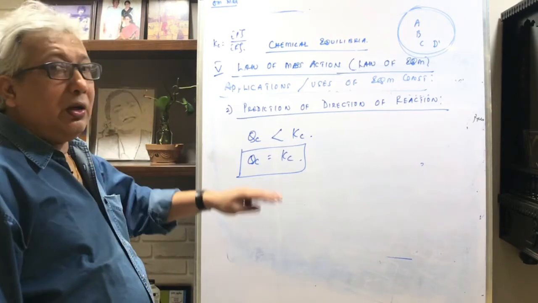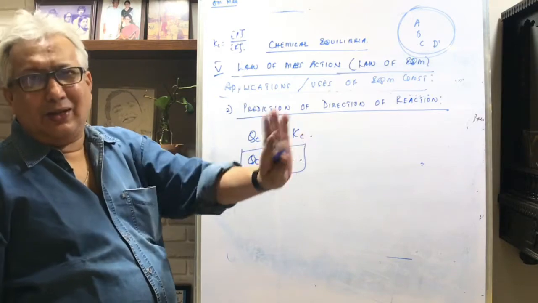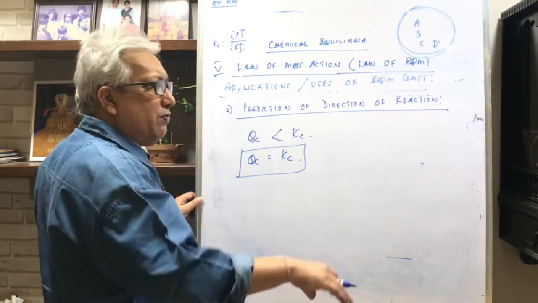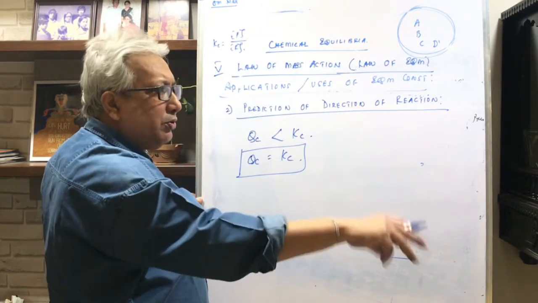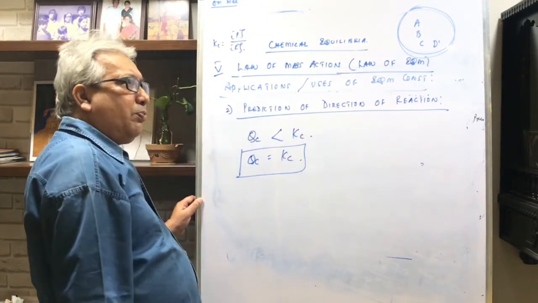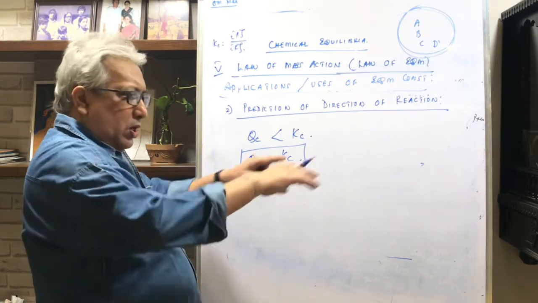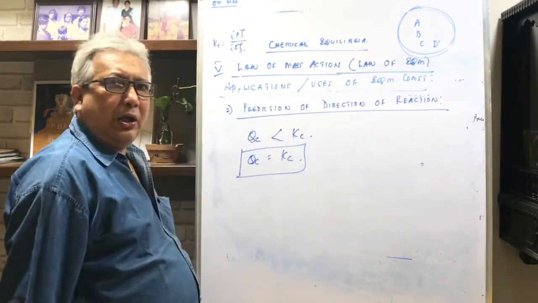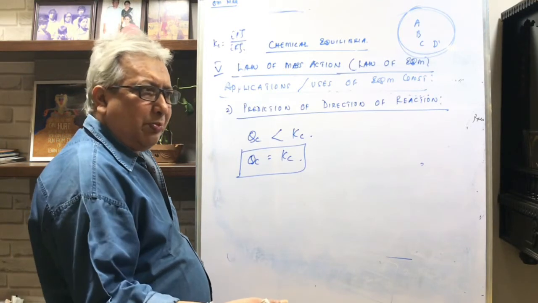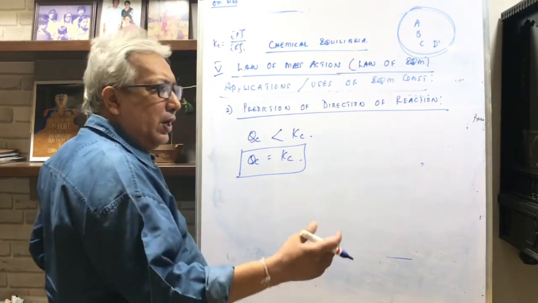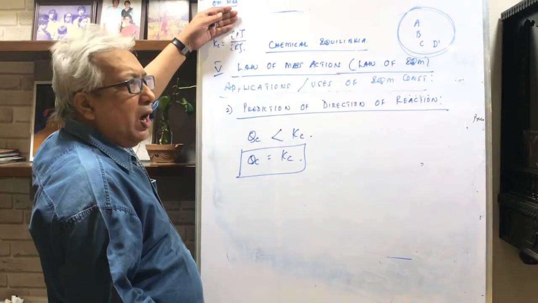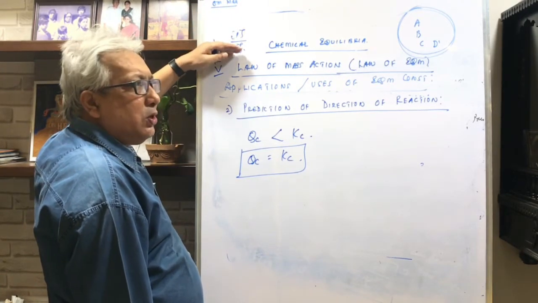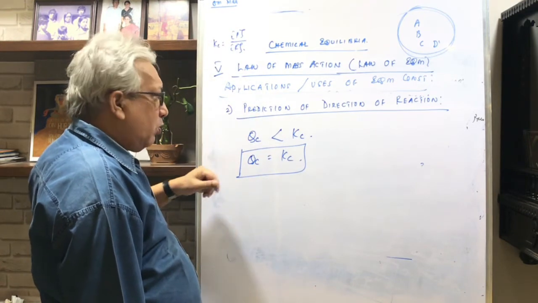Now Qc cannot be more than Kc normally, but suppose the reaction has achieved equilibrium and then I add some product from outside. In that case, you will find that the product value has become higher than what it should have been, and then it has to become less. So the reaction will start going in the backward direction.